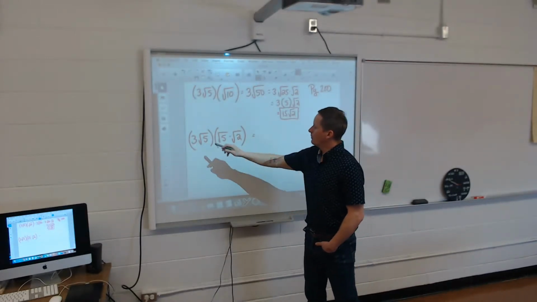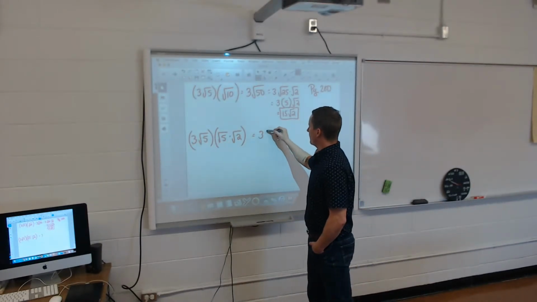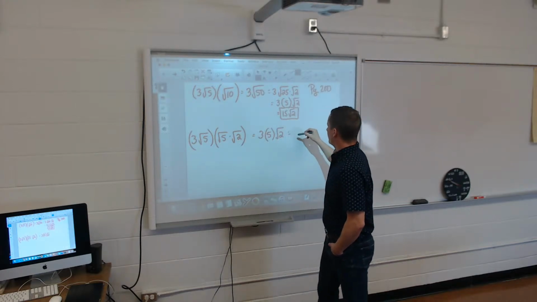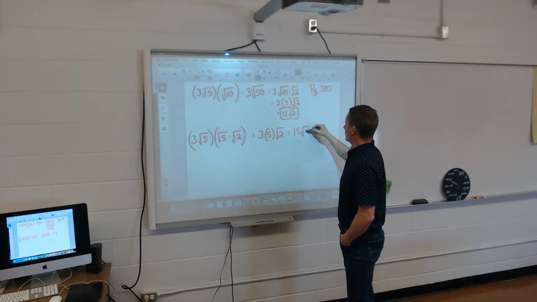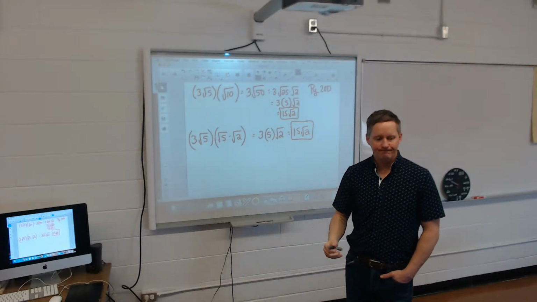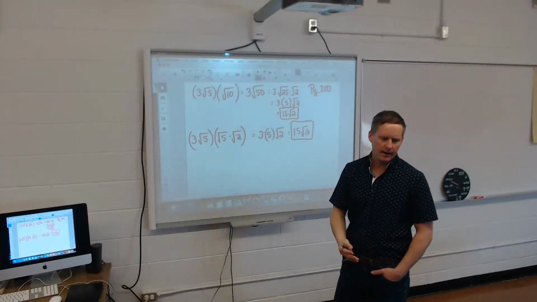So now I go 3, put it out here. Root 5 times root 5 is 5. And then I'm left with root 2, which is 15 square root 2. Okay, so it is a little bit smaller.